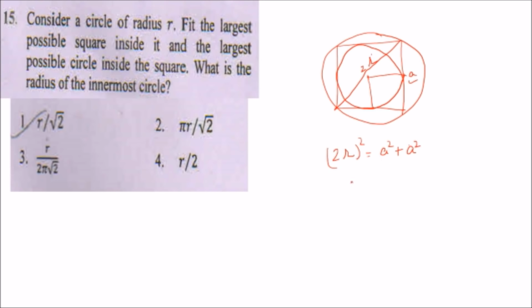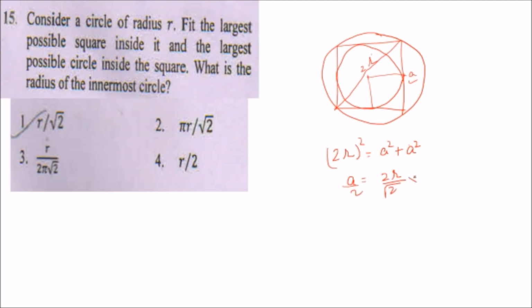When we calculate for a, we get 2r by root 2, because a square plus a square is 2a square. So it is better to express it as r by root 2. So we got the side of the square, and half of the side of the square will be the radius of the innermost circle.